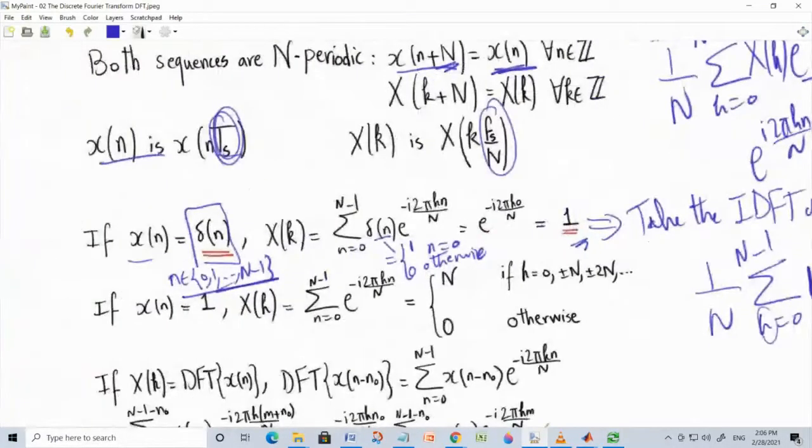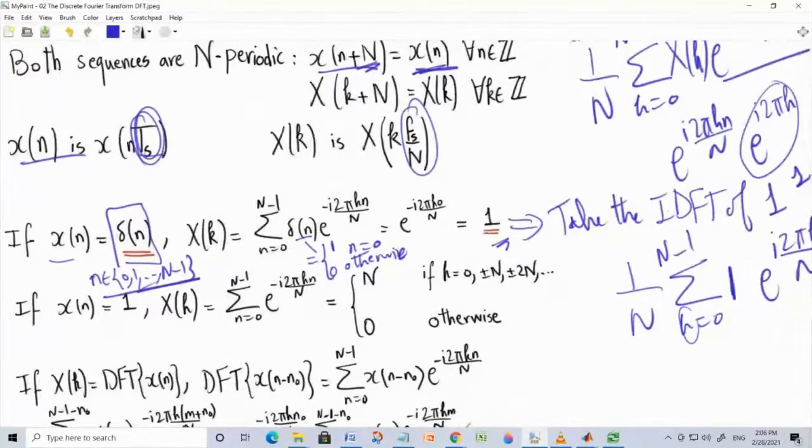So if you try to play this game in which you take a signal x of n that is just equal to 1 at n equals 0, if you do the DFT, which is this summation, you will get all ones.